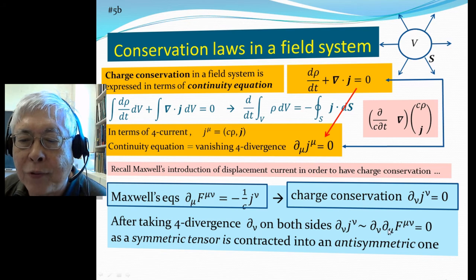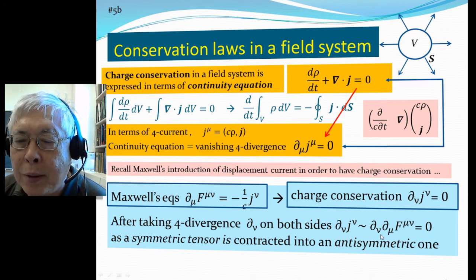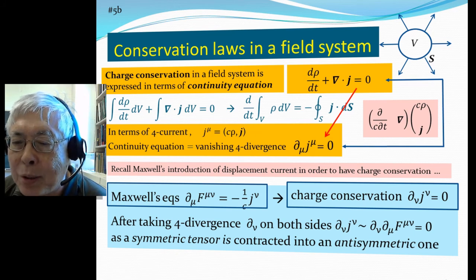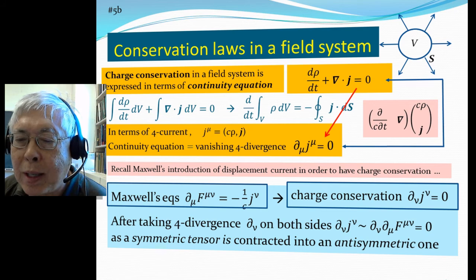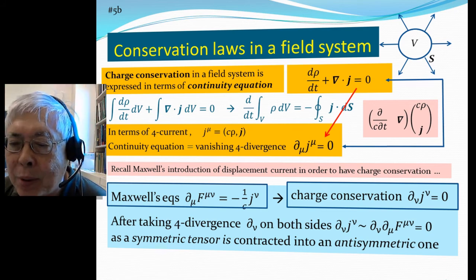It doesn't matter whether the differentiation is with respect to x^nu or x^mu; it's the same. So in this part, the mu nu indices are symmetric: if you interchange the two, it doesn't change. On the other hand, F^{mu nu}, remember, is anti-symmetric. So in this expression, I have contracted two indices, one part symmetric and the other part anti-symmetric.